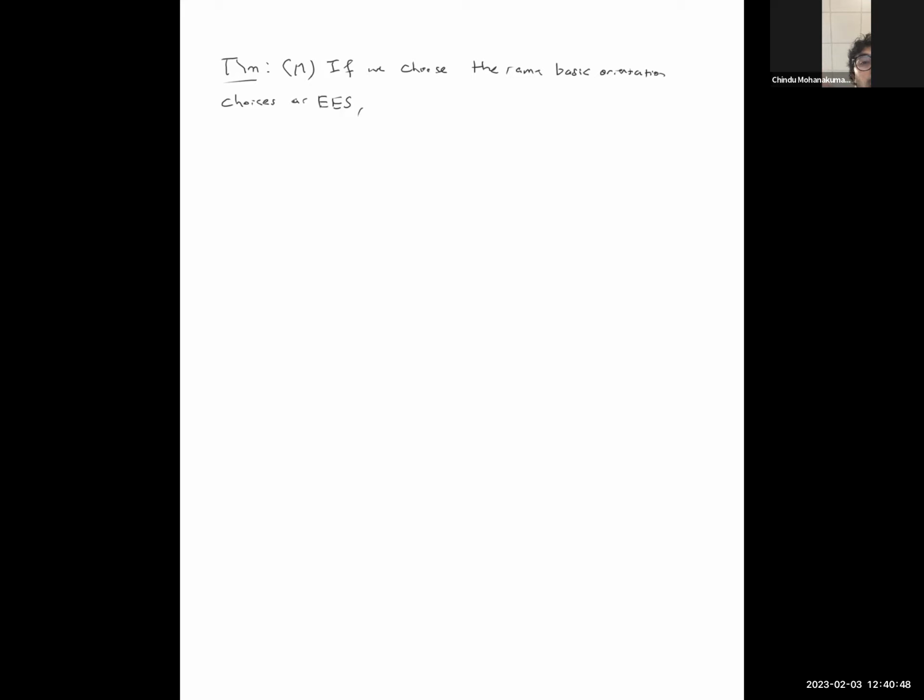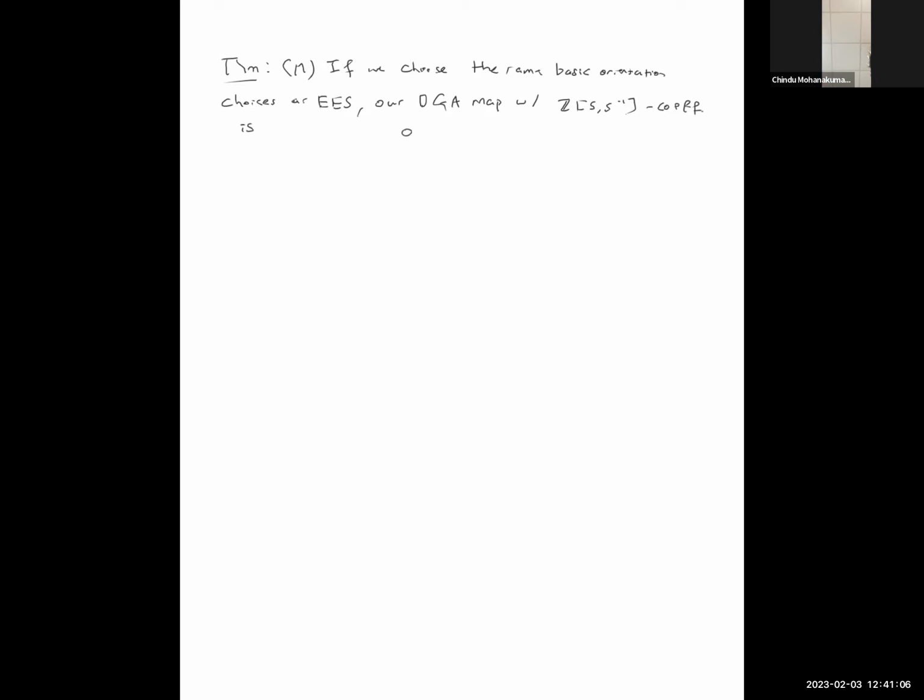So in this case, our DGA map with homology coefficients is the following.